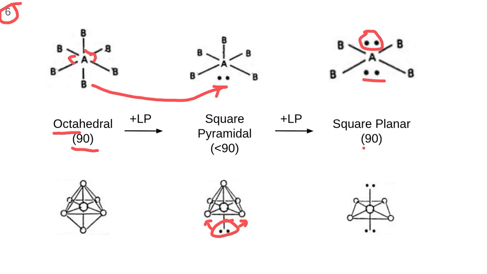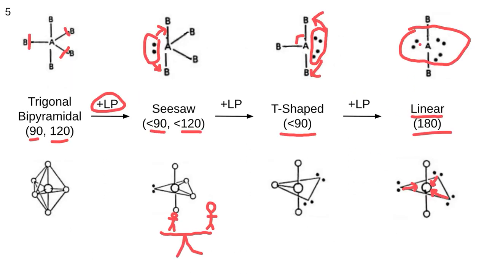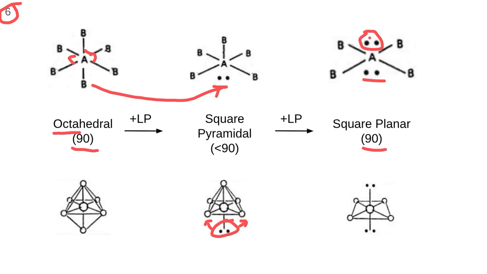And that makes it 90. It's the same reason as for this linear molecule right here. These lone pairs are opposite from each other, so their repulsive effects are going to cancel out, so these are going to be left as just 90 degrees.